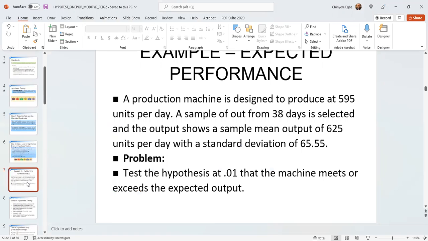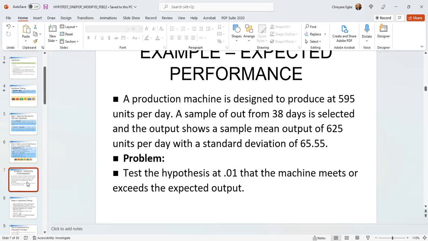Now, the production machine is designed to produce 595 units per day, and you take a sample of 38 days. When you take a sample of 38 days, you don't expect to get exactly 595. You could get something less than 595, or something more.